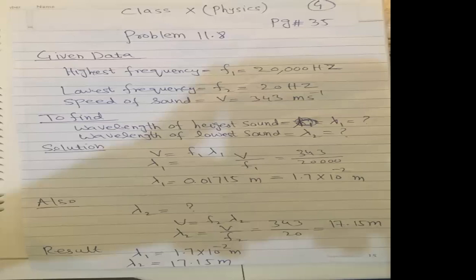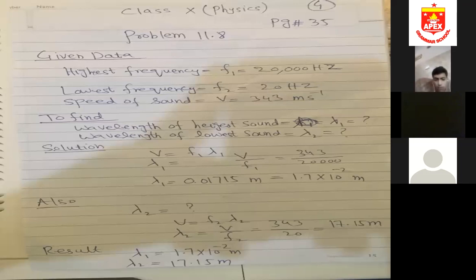I already told you when we discussed the topic of audible frequency range: the audible frequency range is 20 hertz to 20,000 hertz for human beings. The minimum is 20 hertz and the maximum they can hear is 20,000 hertz.